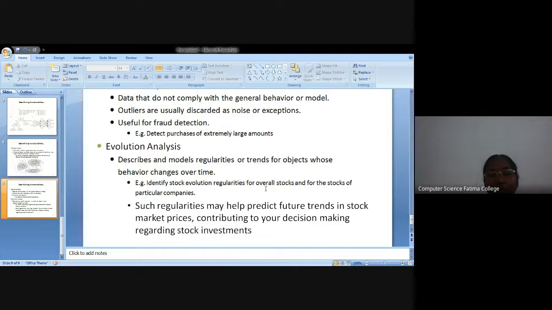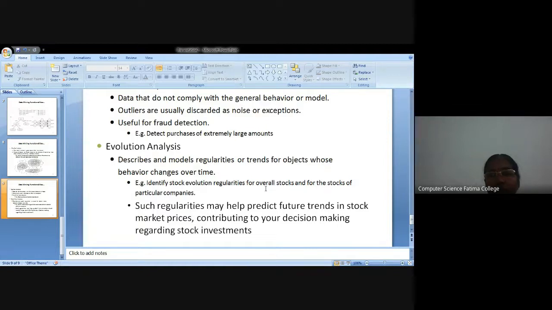Take this example: the regularity may be identified as a stock evolution regularity for overall stocks and for the stocks of particular companies. A very good example is that the regularity may help predict future trends in stock market prices, contributing to decision making regarding stock investment.